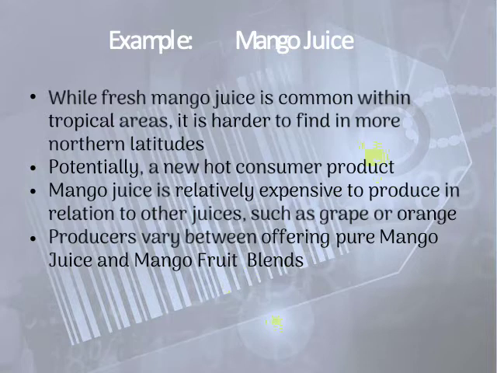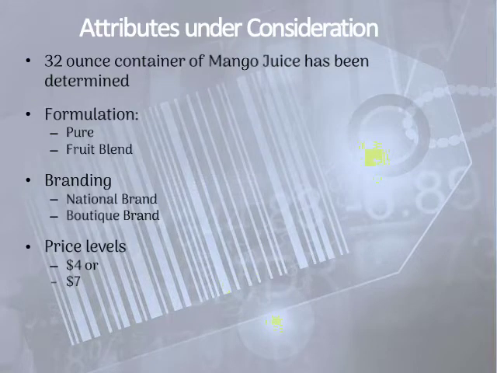Okay, so we have here now the different attributes under consideration. So in this hypothetical example, there will be 3 attributes under investigation. The first one is the formulation, whether it would be pure or fruit blend.